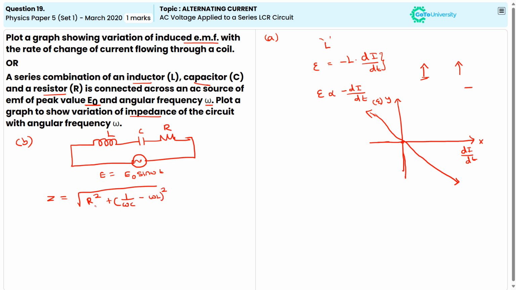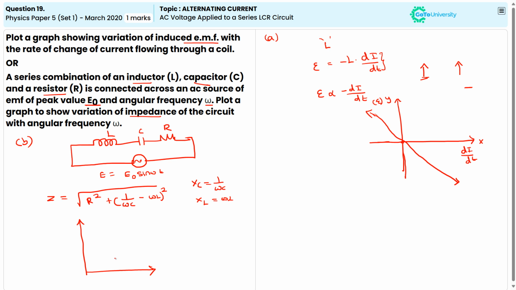Here R is the resistance of the resistor, and 1 by omega C is the reactance of the capacitor, and omega L is the reactance of the inductor. So we can say that XC is equal to 1 by omega C, and XL is equal to omega L.